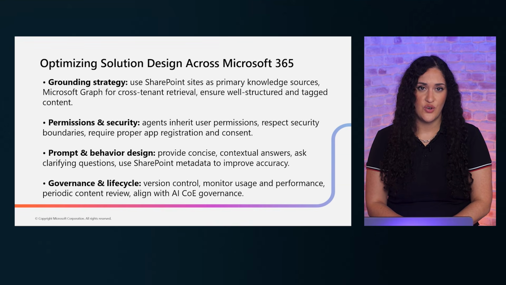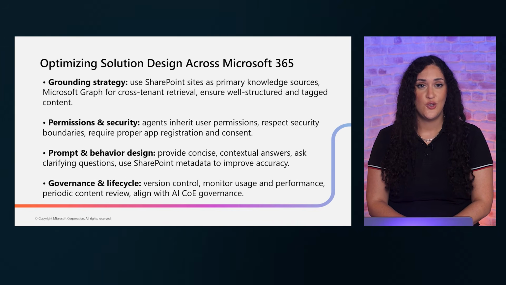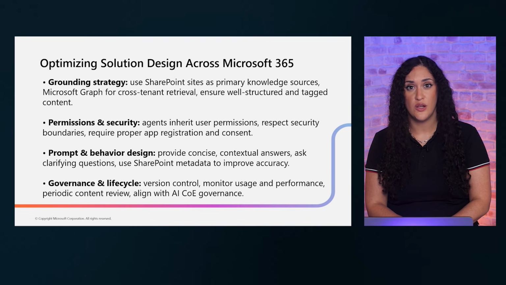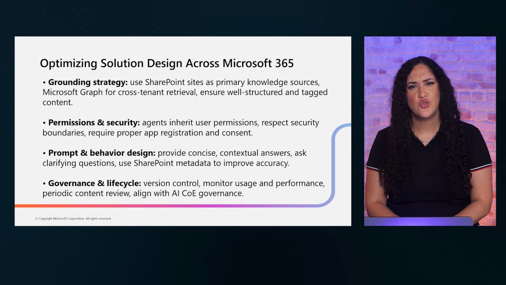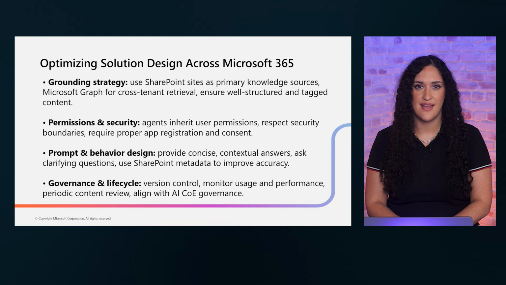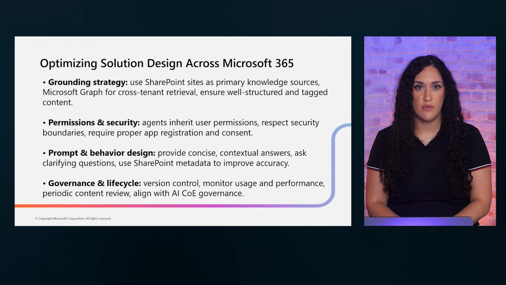Optimizing solution design across Microsoft 365 means getting four things right. First, your grounding strategy. Use SharePoint sites as primary knowledge sources, Microsoft Graph for cross-tenant retrieval, and ensure content is well structured and tagged. Second, permissions and security: agents inherit user permissions and respect security boundaries.